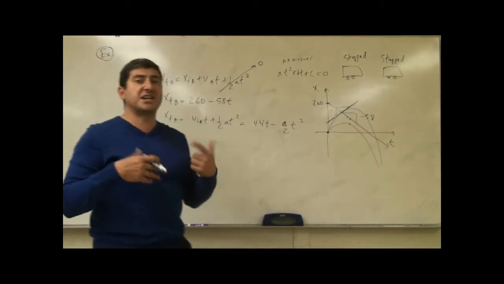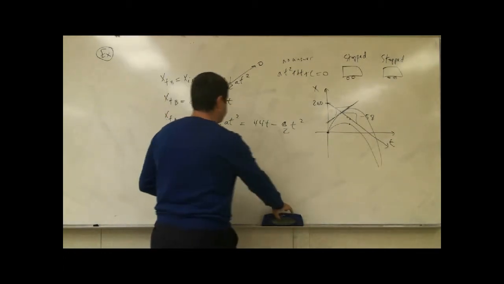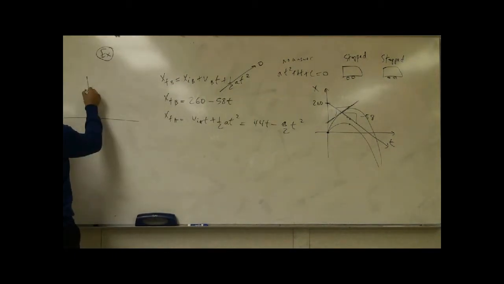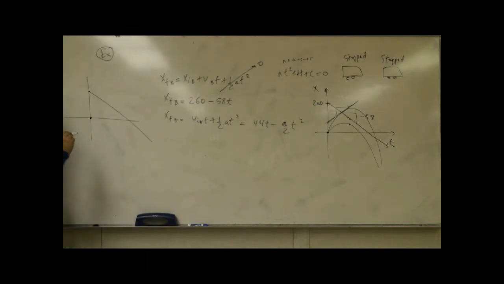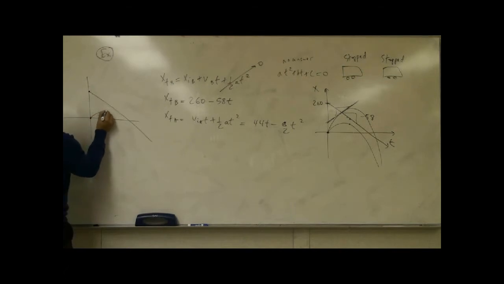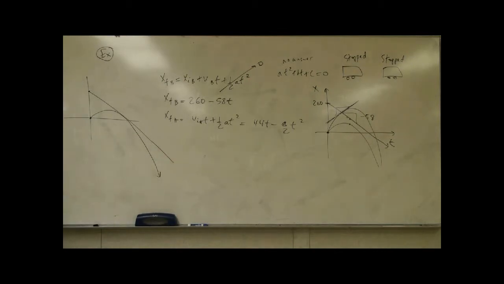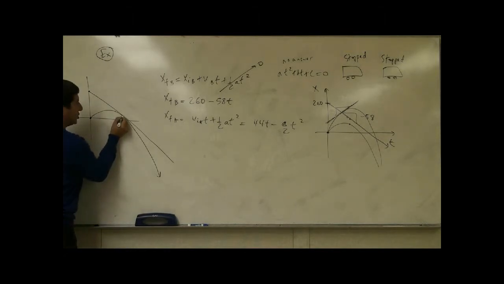So what's the best case scenario? What do you want to happen? Okay? You want something like this to take place. And if you want to barely avoid the collision, the graph is going to look like this. That means you will barely touch each other.